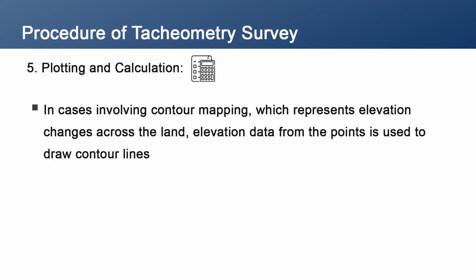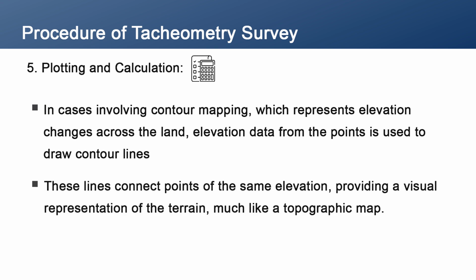Another point to remember is contour mapping, which is nothing but a map that shows elevation changes across the land. We use the elevation data from each point to draw the contour lines. These lines connect points of the same elevation, giving us a visual representation of the terrain like a topographic map.